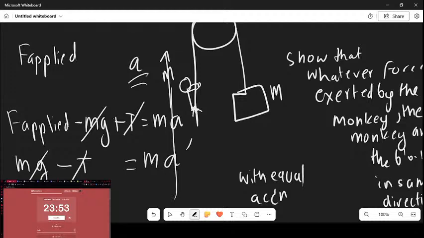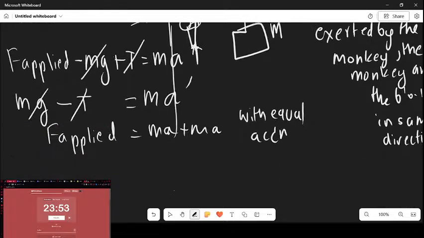Force applied is equal to mass into acceleration a plus a dash.